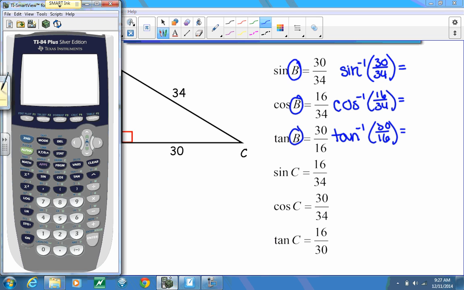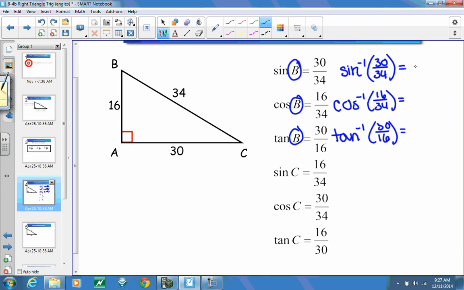Going to my calculator, I should have the exact same answer for all 3 of these, since angle B is just one angle. To get the inverse sine, I hit my second button and then sine, and there's my inverse. Then I take 30 divided by 34 and hit enter, and I end up with 61.9 degrees.